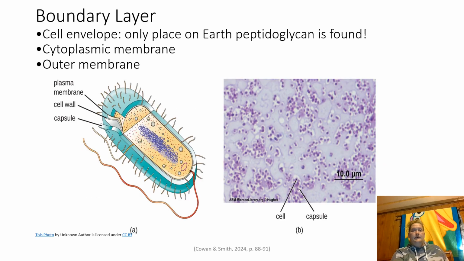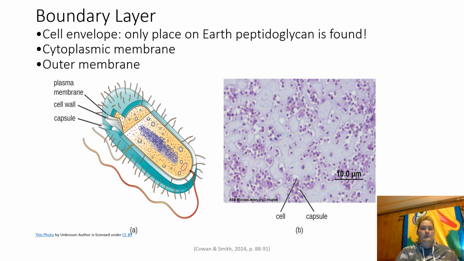All right. Next, we have the boundary layer of the bacterial cell. We've got the cell envelope, the cytoplasmic membrane, and the outer membrane. The cell envelope includes the cell wall, which gives shape and provides structure and support to the cell.